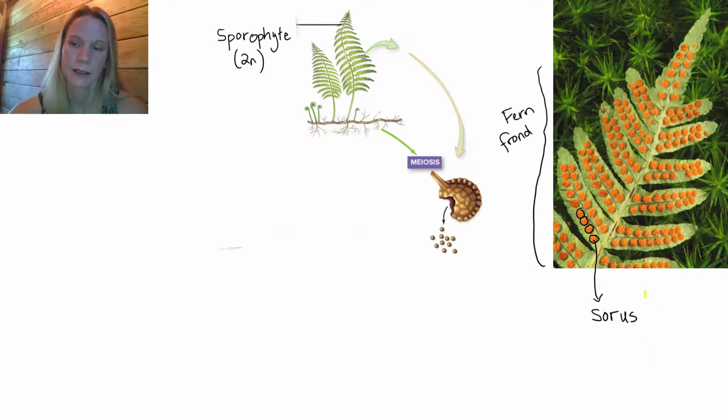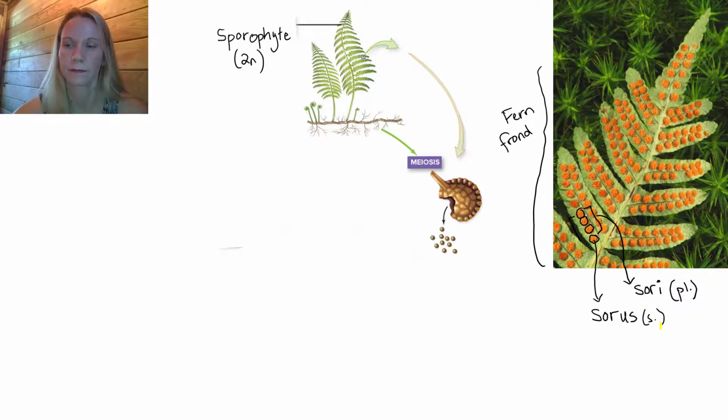Okay, so if you have more than one, you're talking about a bunch of these little spots, we would call it the sori. So sori is plural. Sorus would be the singular. Okay, so a single one would be a sorus. Now in the microscope lab, we look at a sorus under the microscope. And what do you see in there?